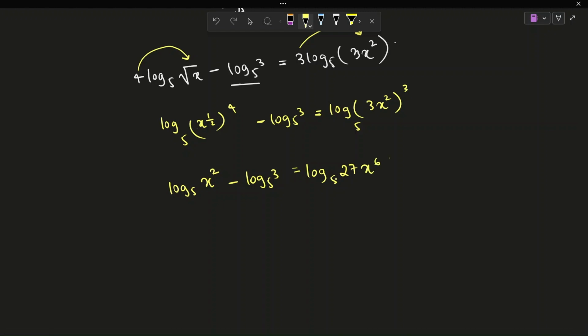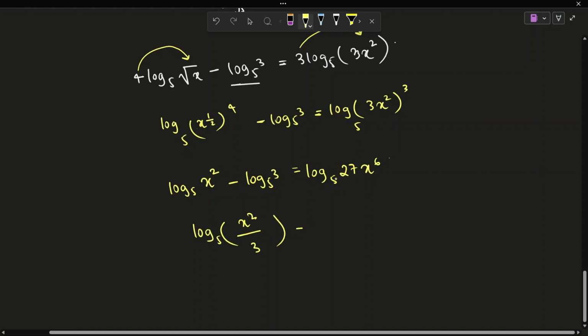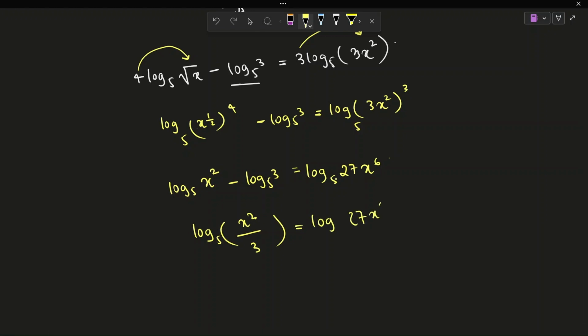Now, since we have a minus, remember we can use the division rule. So let's take this, log 5 out, x squared divided by 3 equals log 27 x to the power 6 to the base 5.